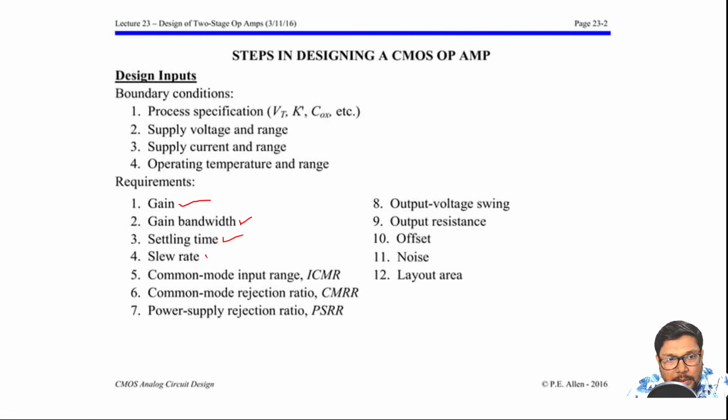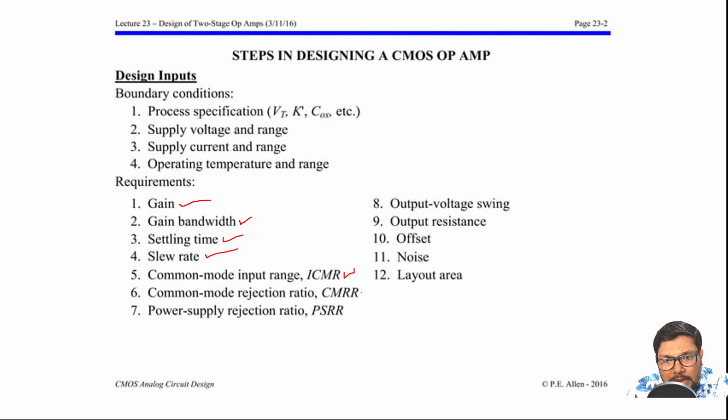Slew rate also depends upon our current and our CC, the coupling capacitor, or we can say Miller capacitor. Common mode input range: if our circuit is in common mode, what is the input range over which our circuit can operate.